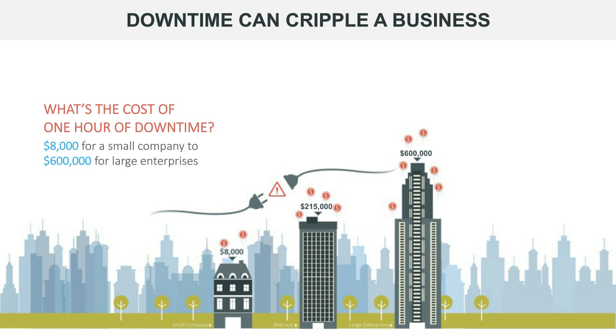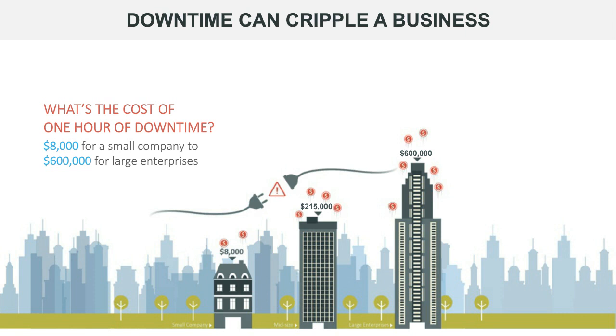So this research is essentially showing the average cost per hour of downtime. And this is a great question to ask yourself. You really want to know as a business what it would cost you to be down for 1 hour. So if you don't have this figure calculated, you definitely want to look into that. For a small to medium-sized business, the average calculated cost per hour of downtime was about $8,000.